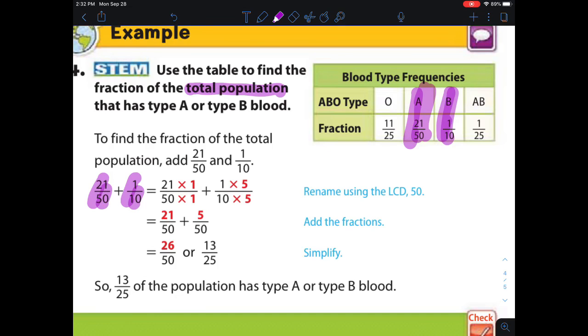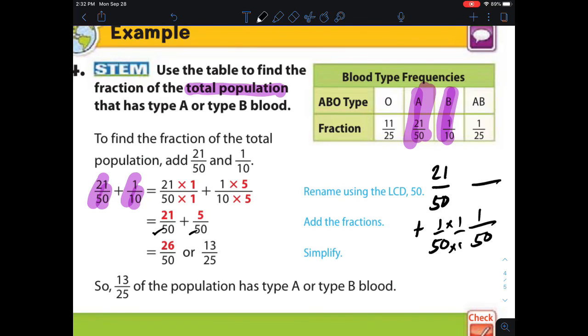Okay, again, the LCD of 10 and 50 is actually 50. So we keep the LCD the same, 50/50. If I'm going to do this vertically, I'm going to do it this way, 21/50 plus 1/50. LCD is 50. So this is multiplied by 1 to get to 50.